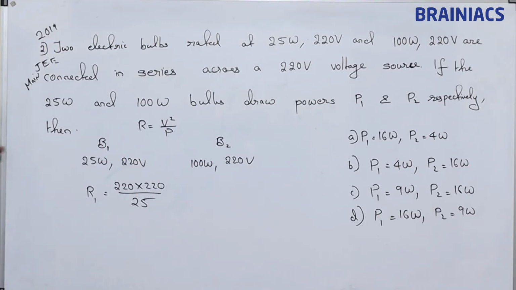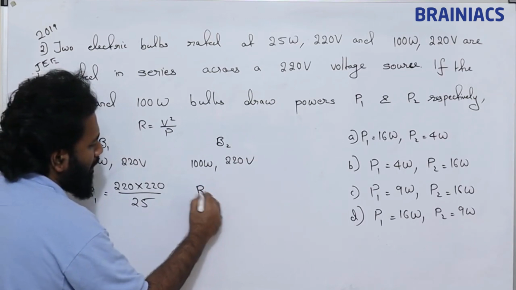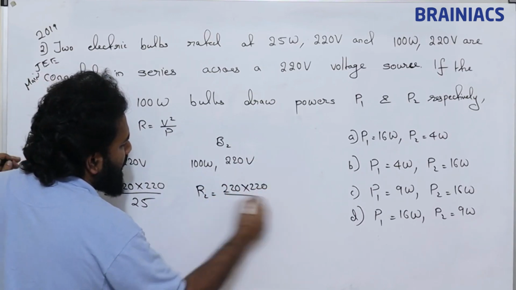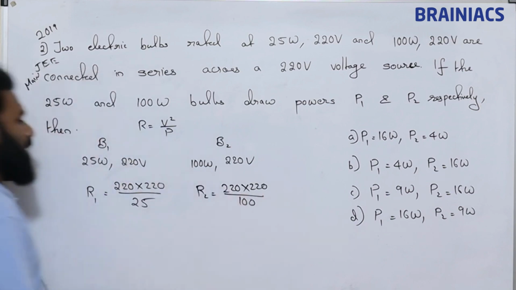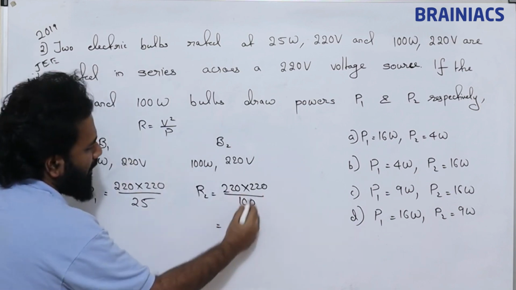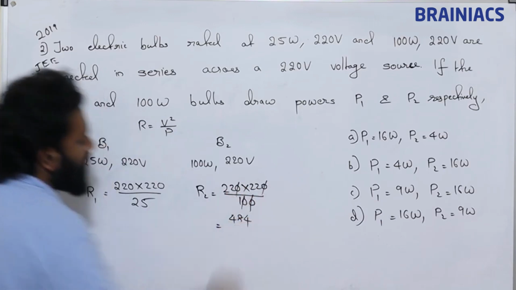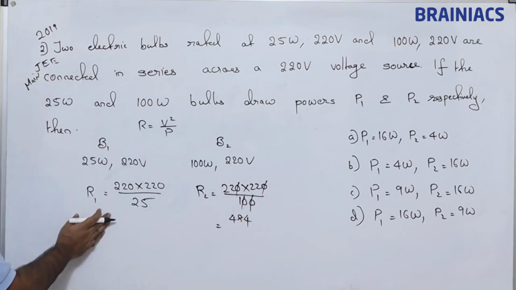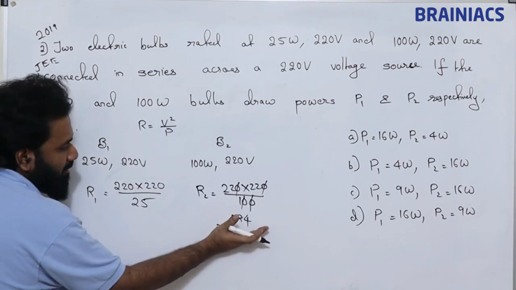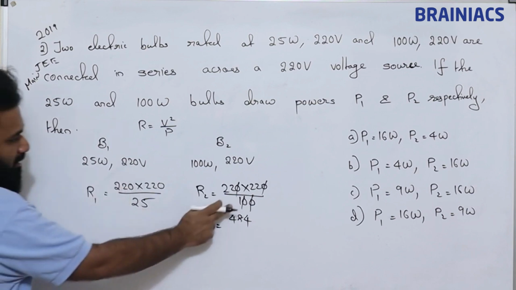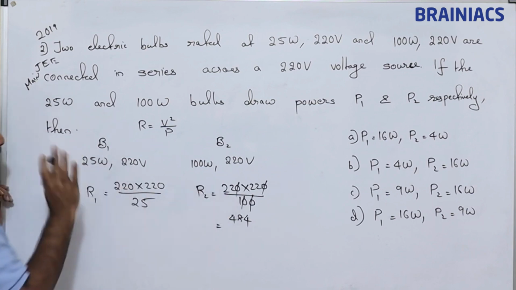Now R2 is 220 into 220 divided by 100. The zeros will be cancelled off and this is going to be 484. What about R1? It is 4 times this, because R2 is divided by 100 and R1 is divided by 25.